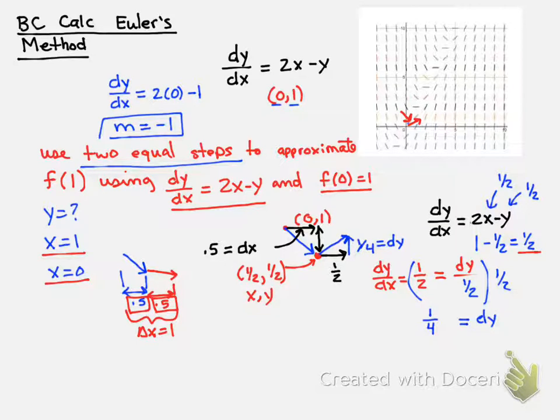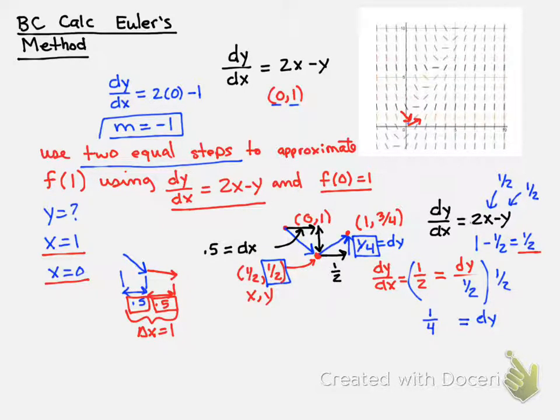And so this is the new point. What is that new point? Well, it's a total of 1 in the x now, and it is 3/4 in the y. Why is it 3/4? Because I was at 1/2, and I added 1/4 on top of that.